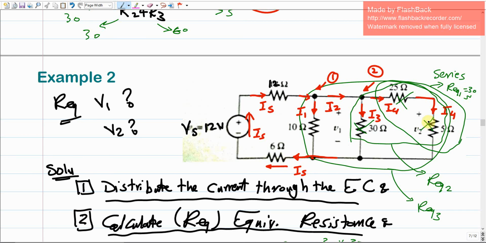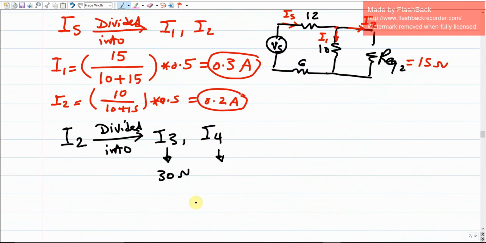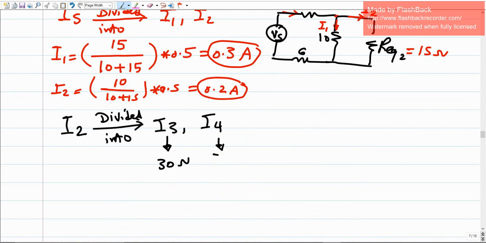It means that I have to combine them into R equivalent 1, which we just calculated before as 30. So the resistance over I4 is 30 as well. Intuitively, if you just look at it, we have 30 ohms and 30 ohms for I3 and I4. So even without doing any calculation, I3 is going to take half and I4 is going to take half of I2. Make sense? I2, which we already calculated before as 0.2 ampere.